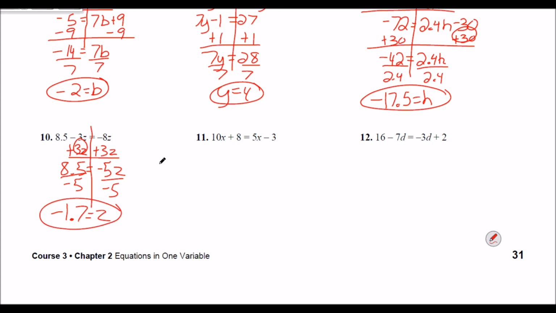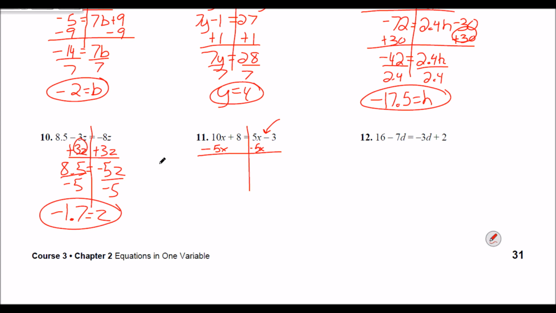Number 11, I have 10x or 5x. 5x is smaller, so we want to subtract the 5x because there's nothing in front of the 5x. Remember, the subtraction sign behind the 5x is only dealing with the 3. It has nothing to do with the 5. So this is a very common mistake of people seeing that subtraction sign and thinking immediately, well, I need to add. Okay?